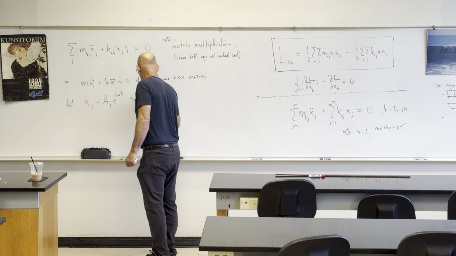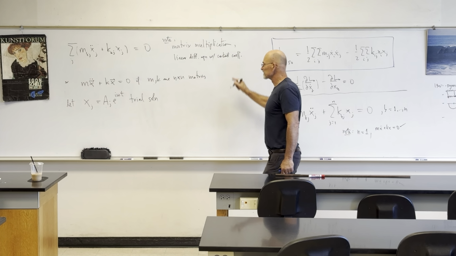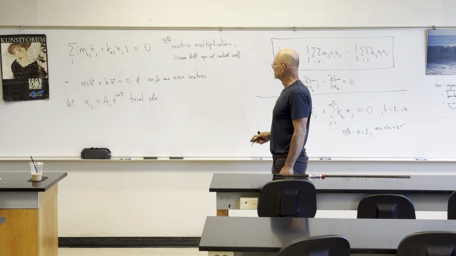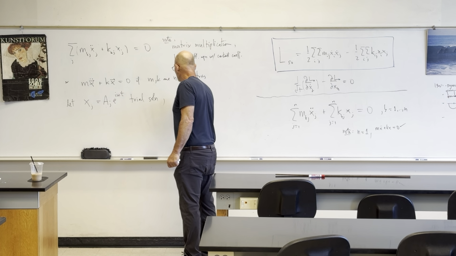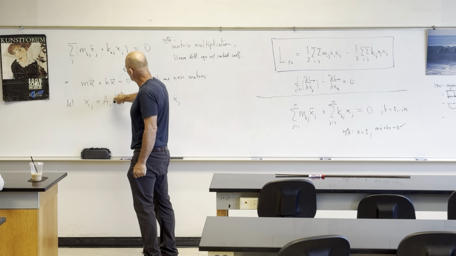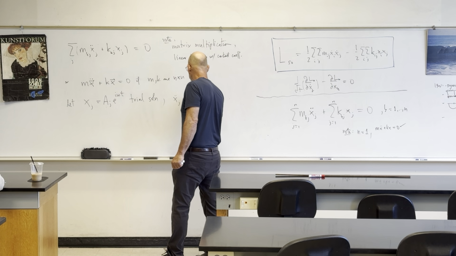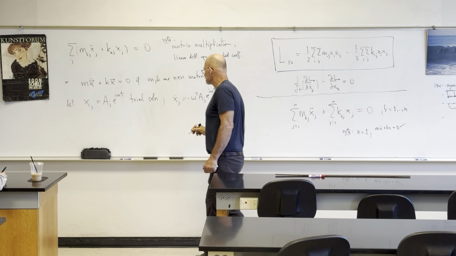The reason is that linear differential equations with constant coefficients have an exponential solution. That's generic. So X sub J second derivative, bring down i omega two times, i squared is minus one, so it equals minus omega squared A_J e to the i omega t.